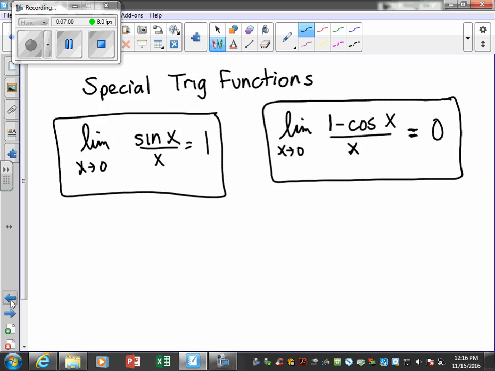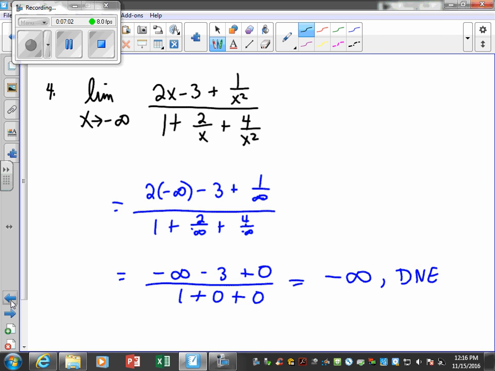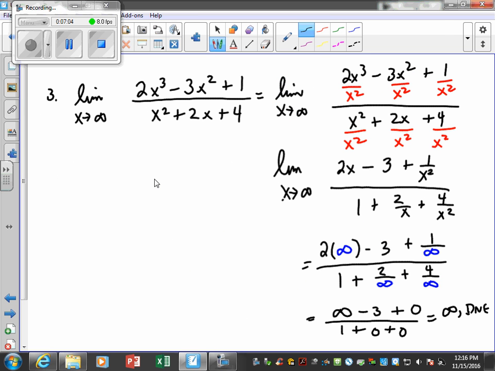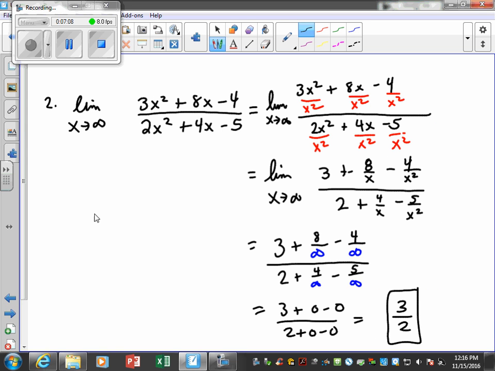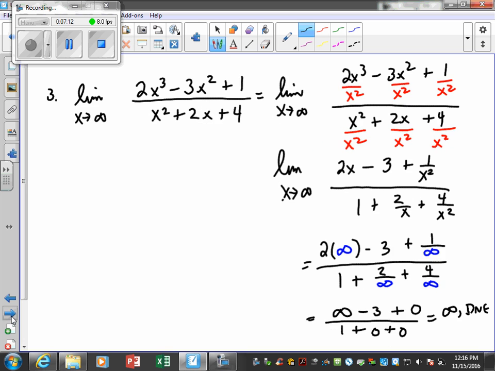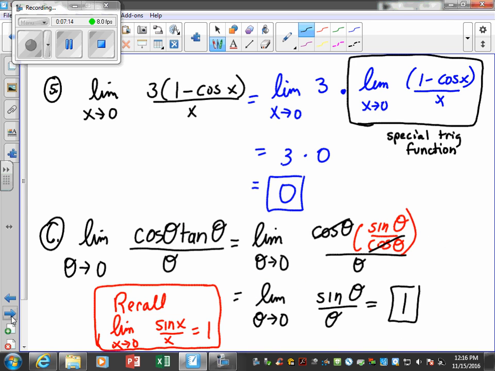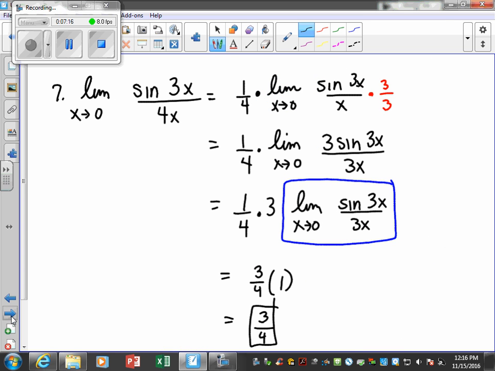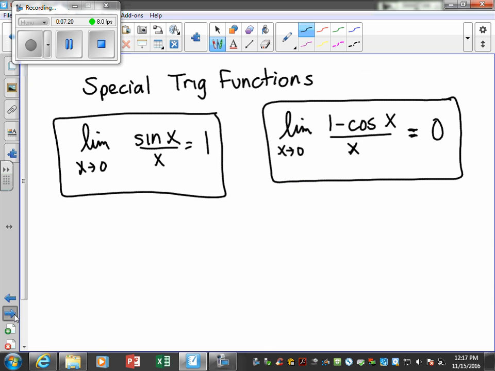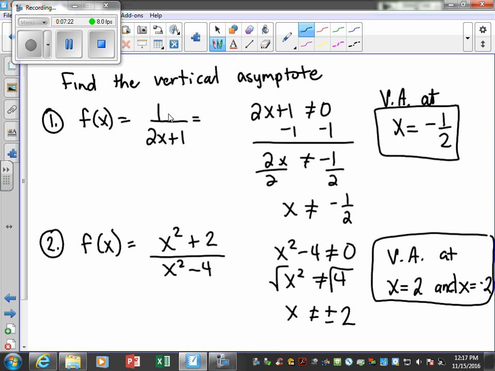If you're asked to find the horizontal asymptote, you can use the procedures we used previously when we took limits of functions as they approached infinity, or you can use the concepts we covered in pre-calculus. If you want to look that back up, we took horizontal asymptotes of functions in pre-cal. So you can look at that to verify your answers.